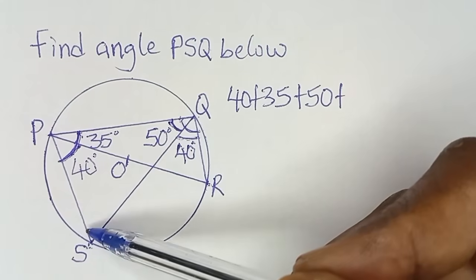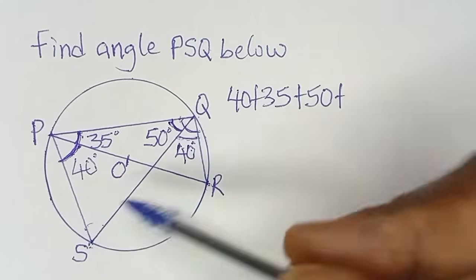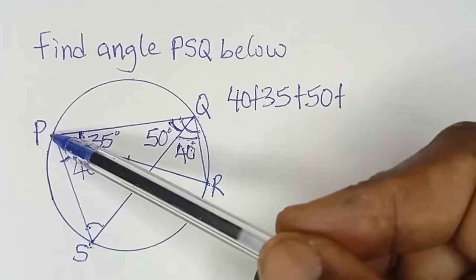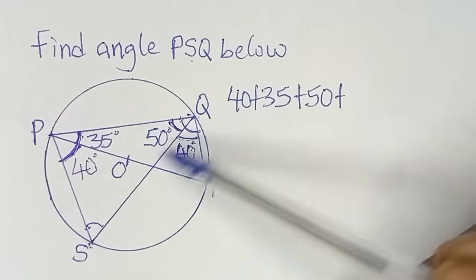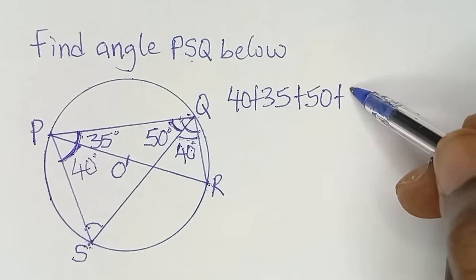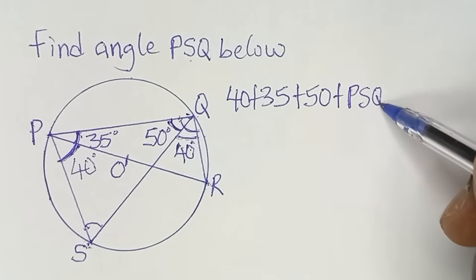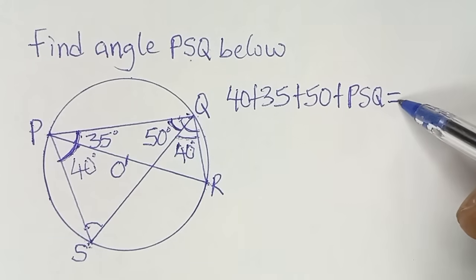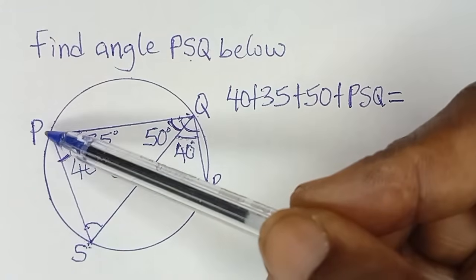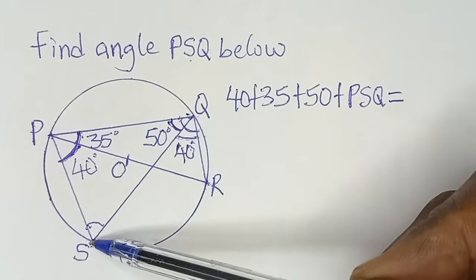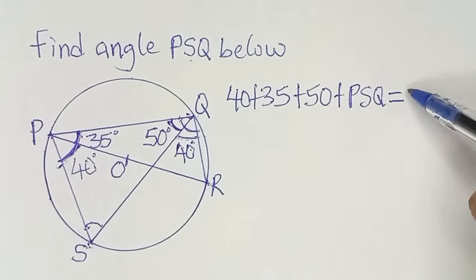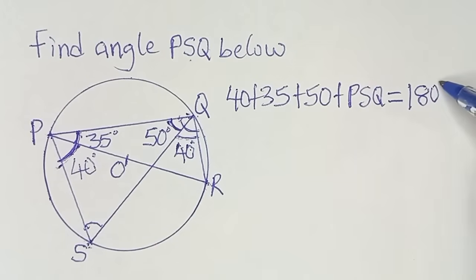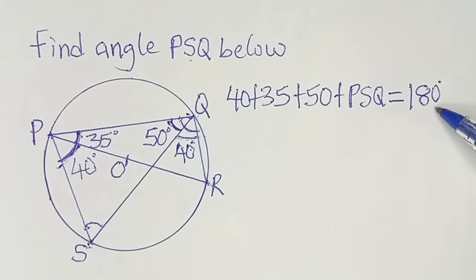The third angle is this angle PSQ that we are looking for, according to the question. Adding this third angle, the three angles together in triangle PQS add up to 180 degrees, because the sum of angles in a triangle is 180 degrees.